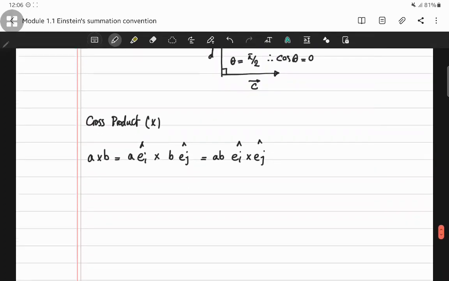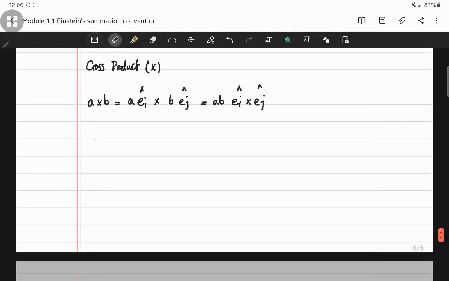So for example, let me write it like this. If you have e_1 cross e_2, finally you will get something like e_3, which actually comes from the fact that epsilon 1 2 3 is also 1, so it is e_3.